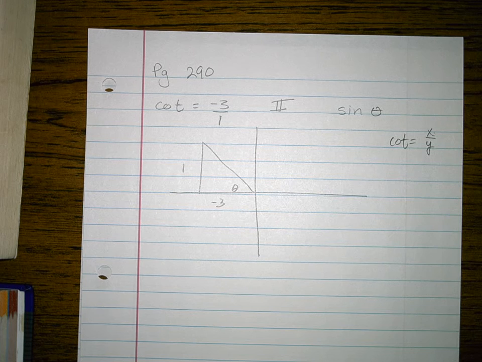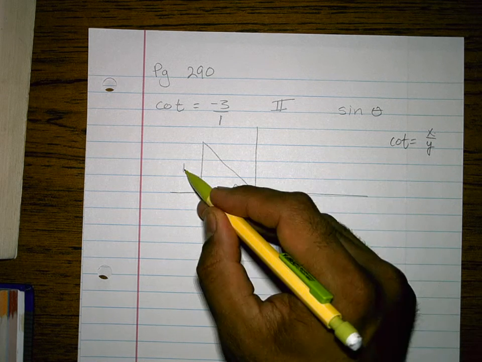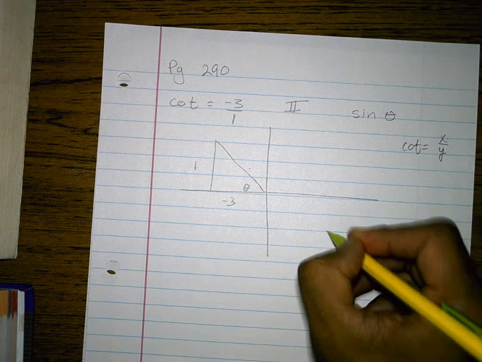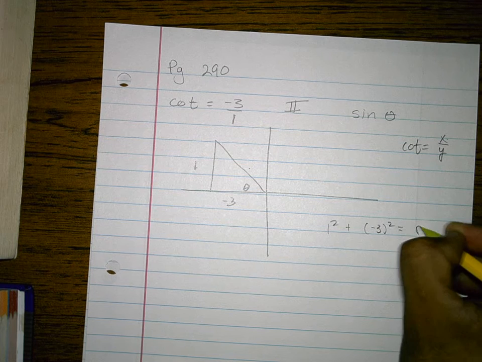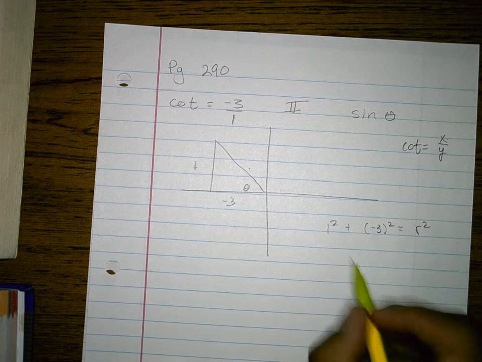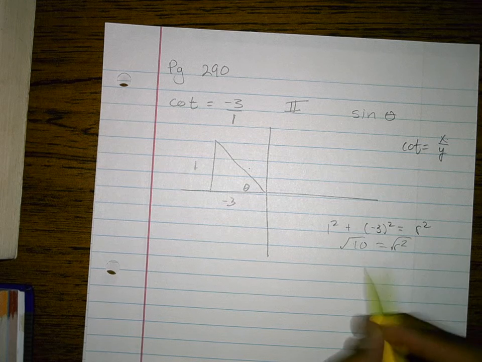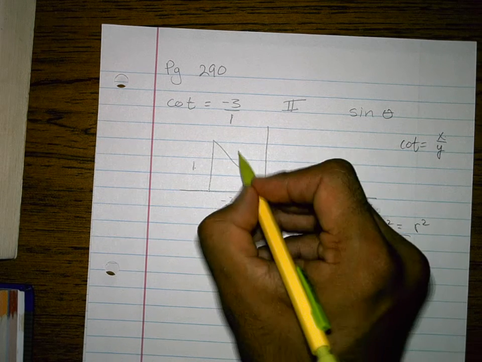Call this theta. They want the sine, which would be the opposite side over the hypotenuse. Well, I don't know that, so I'm going to use the Pythagorean theorem. So that's 1 squared plus -3 squared equals, call that r squared. If I do all of that, this comes out to 10 equals r squared. Take the square root, and that's what r equals.